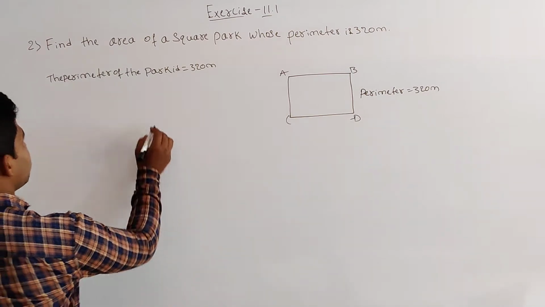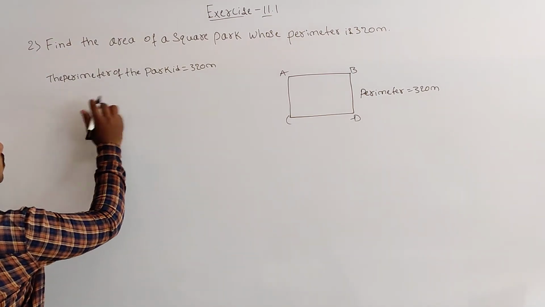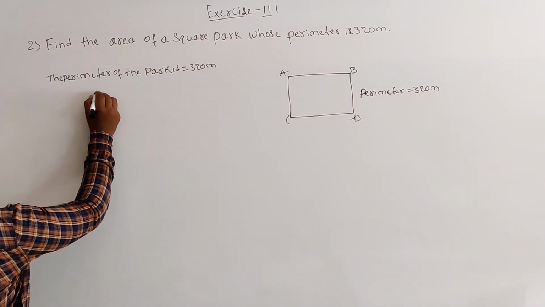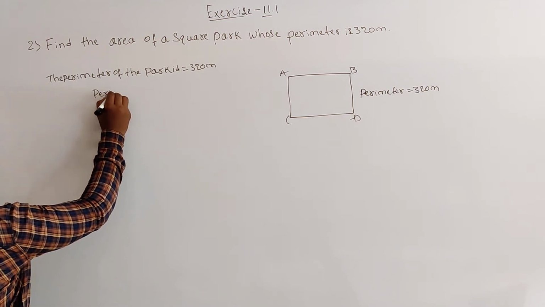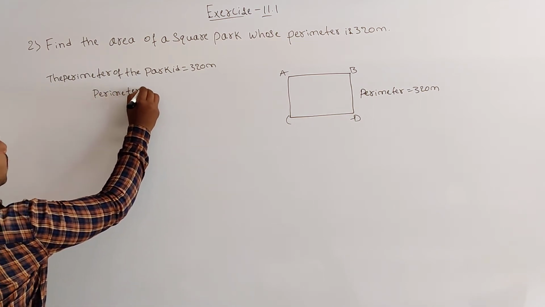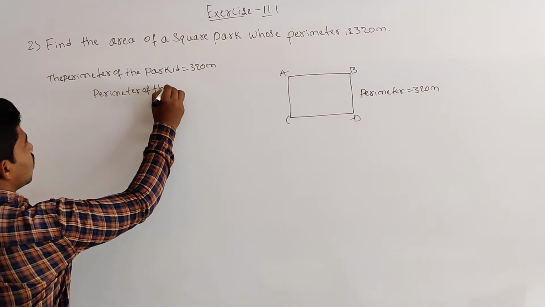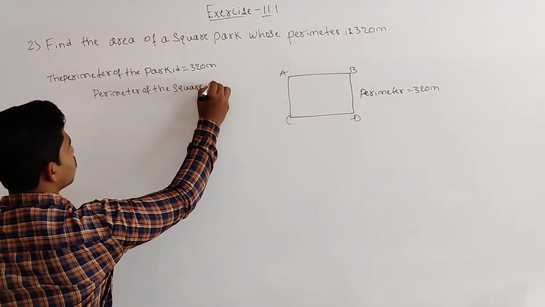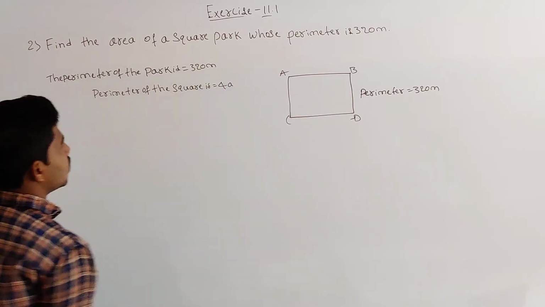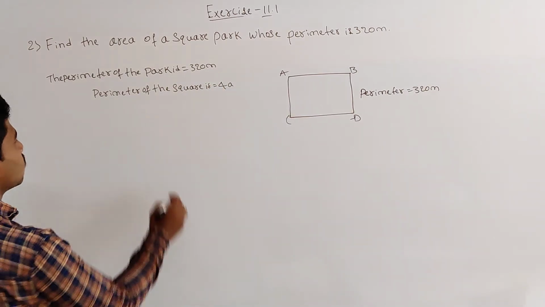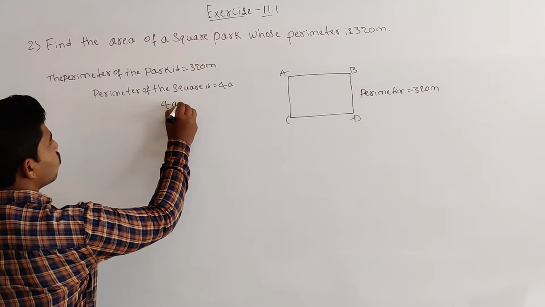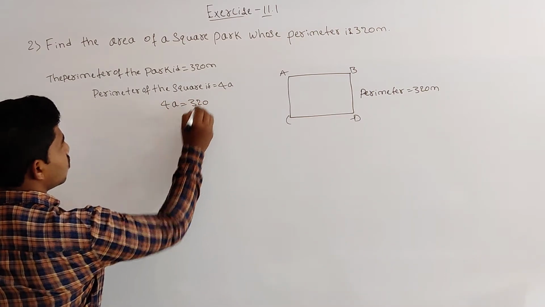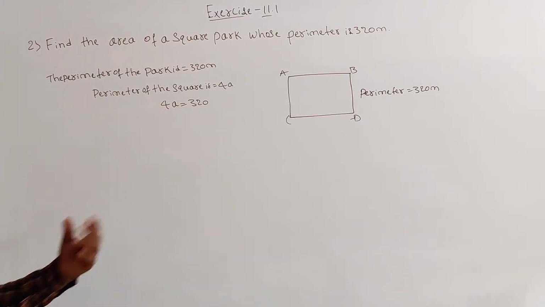What is the formula of the perimeter? The perimeter of the square is 4a. They gave me the total perimeter, so 4a is equal to 320.